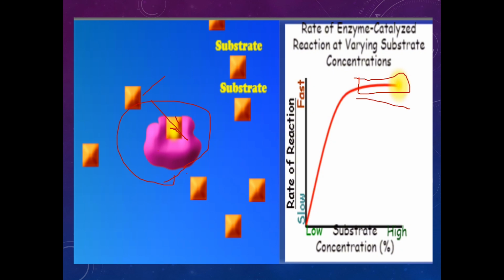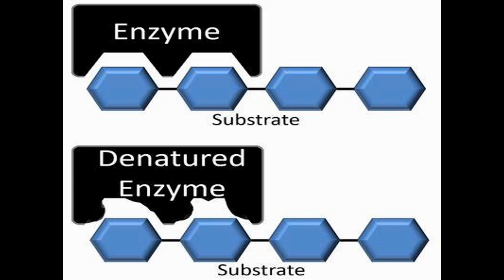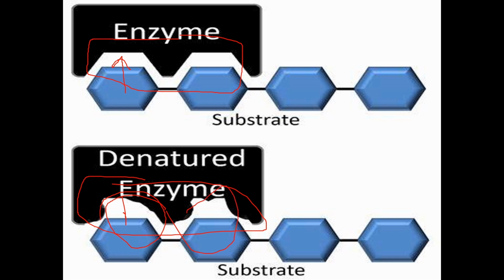So just now tell me the difference between the normal enzyme and the denaturated enzyme. The active site of the normal enzyme fits its substrate, but the denaturated one doesn't fit the substrate. The shape of the active site is changed, so it doesn't fit the substrate anymore, so it will not function, it will not work.